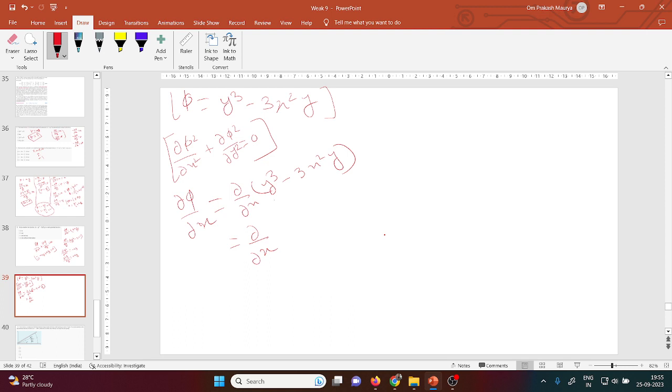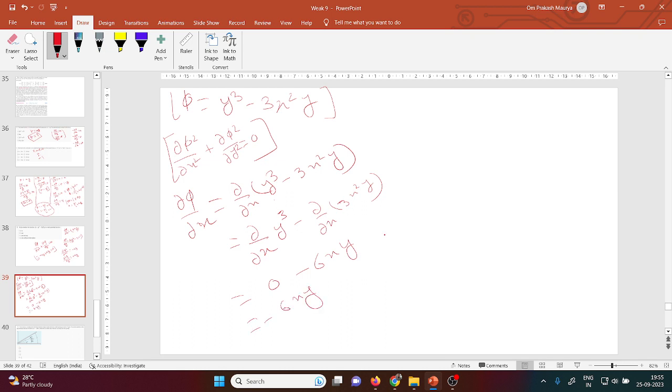Here there is no x term, so this will be 0, and here the x term is there. Differentiating the x term, 2x into 3 is 6x, and y is remaining. y is a constant because here the x term is there. So only 6xy.